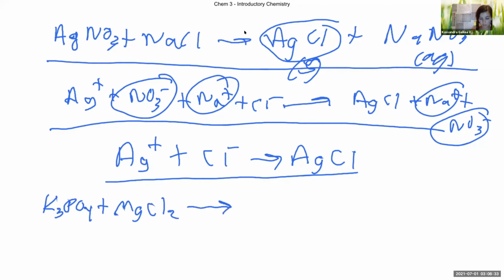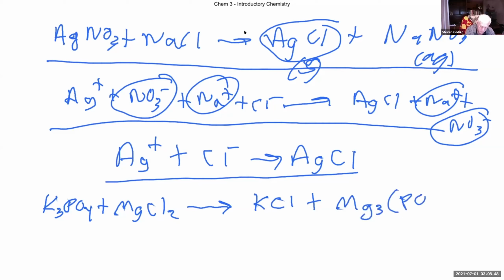Okay. KCl and Mg phosphate. Mg is 2, so Mg3 (PO4)2. That's a 4. Okay, so there's your equation. You got to balance it.